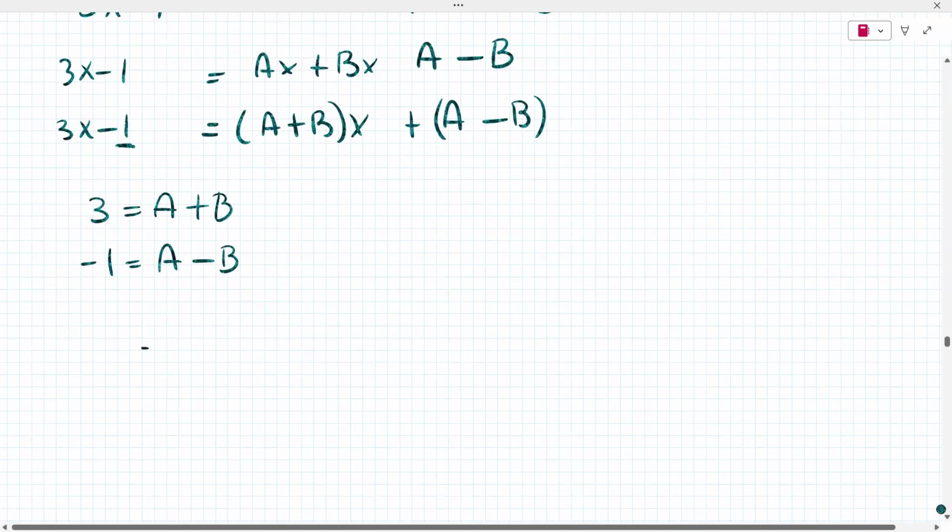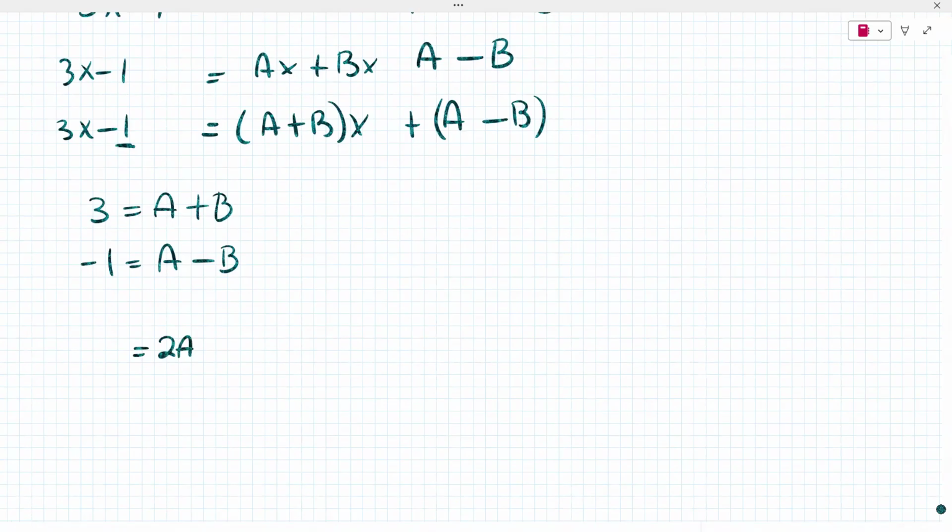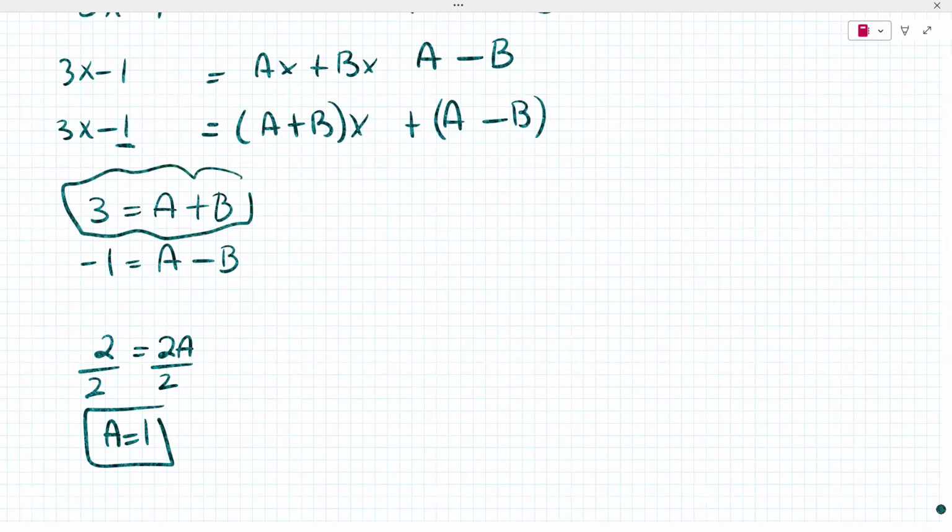The B's cancel, so you're left with 2A, and then 3 minus 1 is 2. Divide this by 2, you get A equals 1. And now you can substitute it back into either equation. I'll just use the first one. So it's going to be 3 equals A is 1, so it's just 1 plus B. And then solve for B, so subtract 1, get B equals 2.